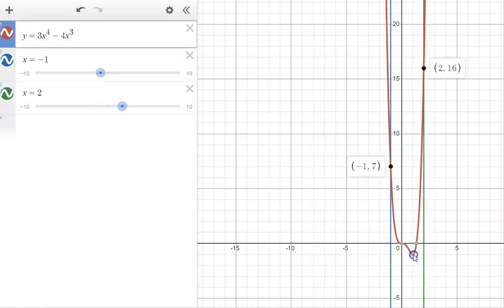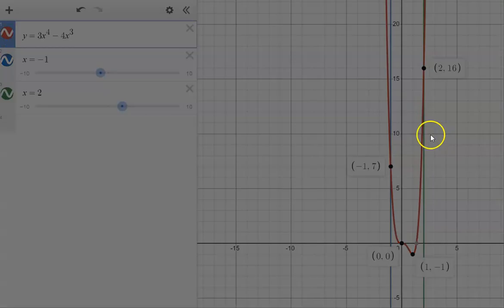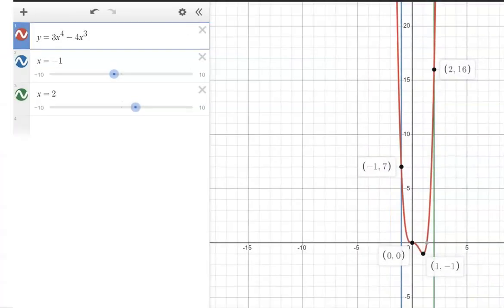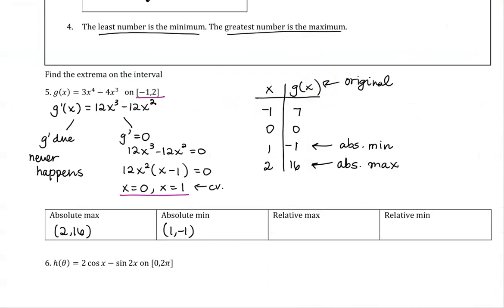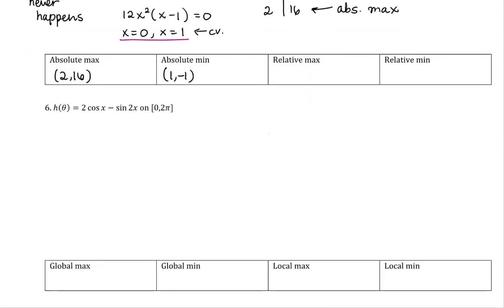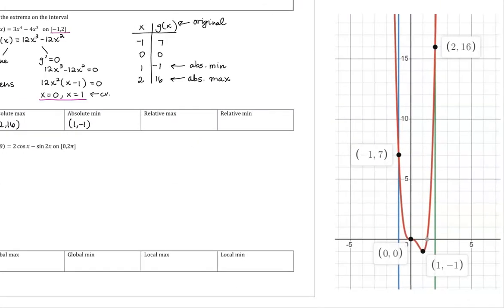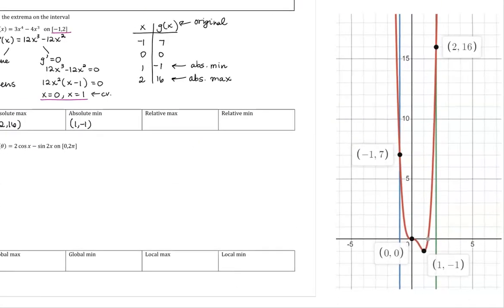We can also see down here that we do have this absolute minimum at (1, -1), but points like this are why we need to make sure to confirm the graph, because at (0, 0), yes, that is one of our critical values, but we can see that we do not actually have any extrema happening there on the graph. It is a place where the derivative is equal to 0, but there is no extrema happening there.